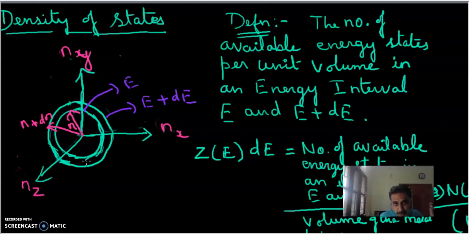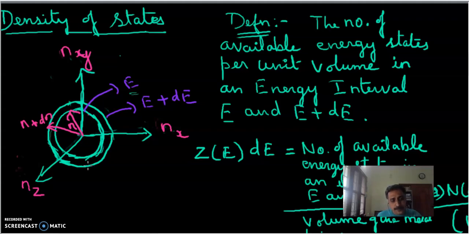The surface of the sphere is going to represent the energy E. The surface of the sphere n plus dn is going to have an energy E plus dE. So a small increment in energy for a small increment in radius, right? Okay, this is the arrangement.